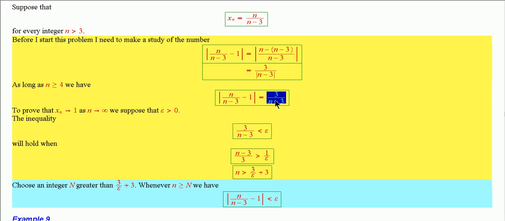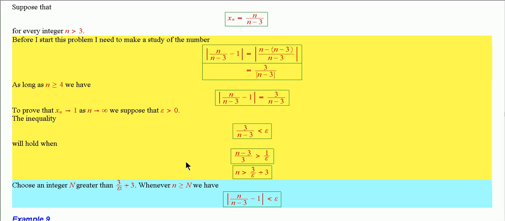Then I will say, okay, I'm going to choose an integer, by the way, this integer greater than this, can you see it will be at least 4? It's 3 plus something positive, and it's got to be an integer. It will automatically be at least 4. Good. Now, let me tell you something.